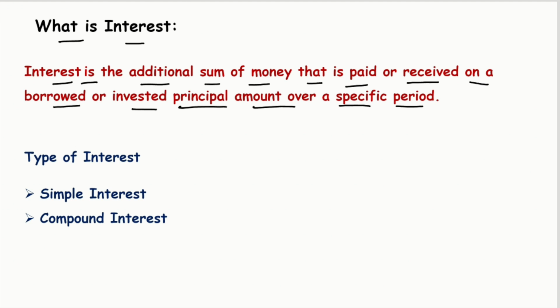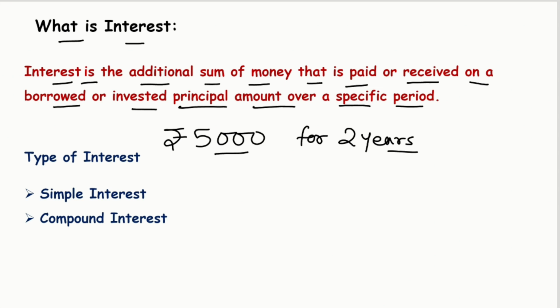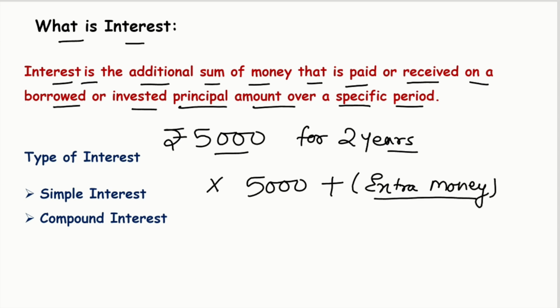For example, if a person borrows 5,000 rupees from some other person for 2 years, after 2 years, the person will not pay him back only 5,000 rupees. No, he will pay 5,000 plus some extra money. This extra money is known as interest.